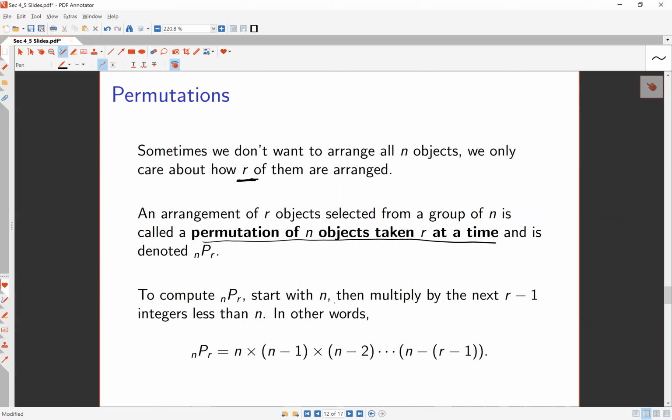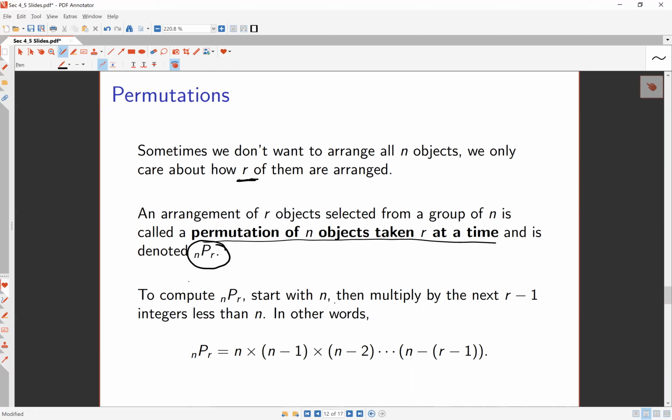And the notation for this number is a subscript n for the total number of objects, a capital P for permutation, and then a subscript r again. So the first number tells us the total number of objects, that's the n, and the second subscript number, the r, tells us how many of them we're actually interested in.